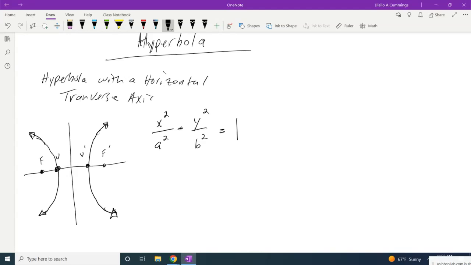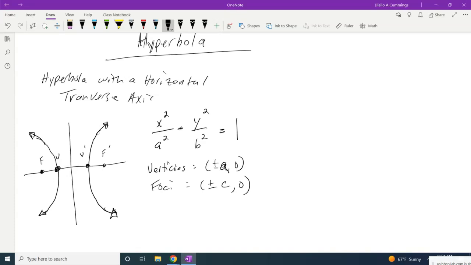The coordinates for the vertices are going to be plus or minus a comma 0. The formula for the foci is plus or minus c comma 0. And again, these are for conics that are at the origin.